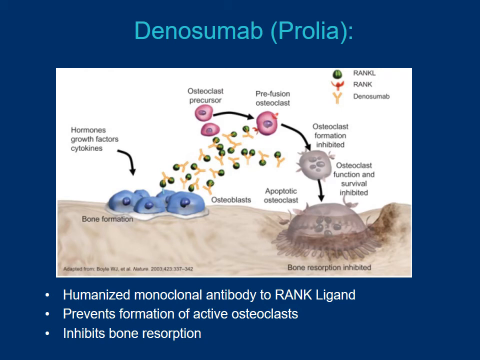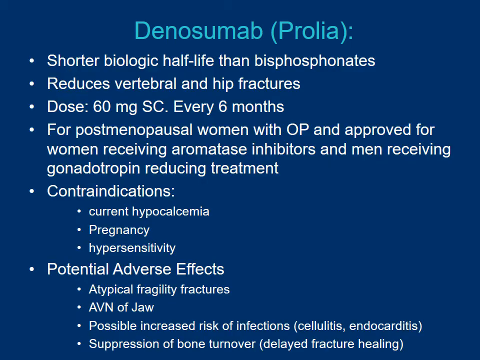It's given at a dose of 60 milligram subcutaneous injection every 6 months. It has a shorter biological half-life than the bisphosphonates, which, as we said, can last for 1 year, and it reduces vertebral and hip fractures as well.